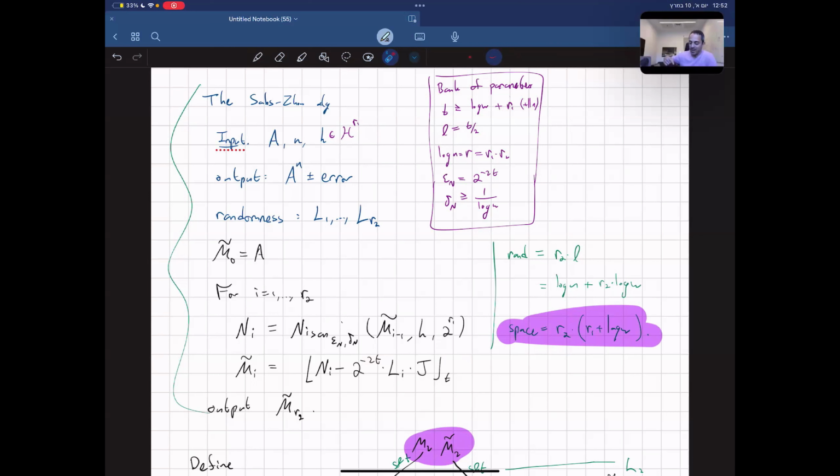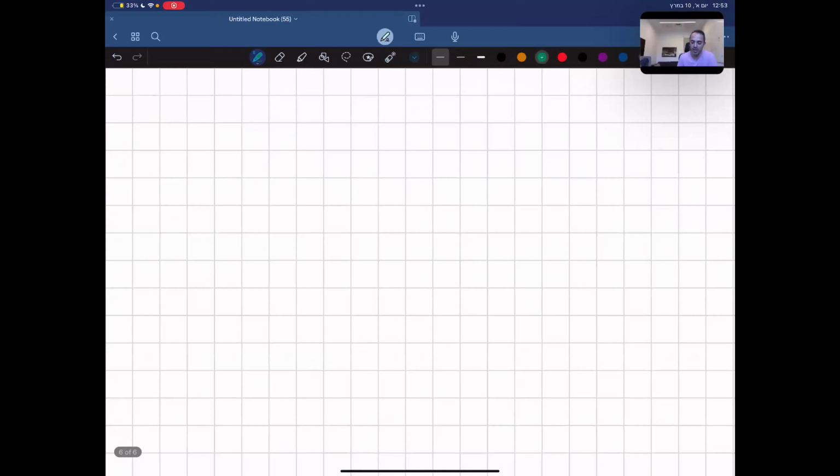Okay. And now the final Saks-Zhou algorithm will just iterate over all possible h's, and for every h, it will compute the value, as we did before, as we wrapped up Nissan.